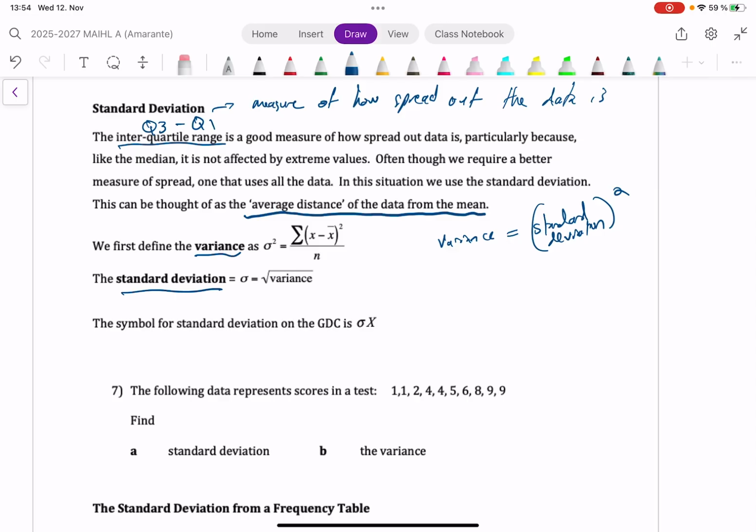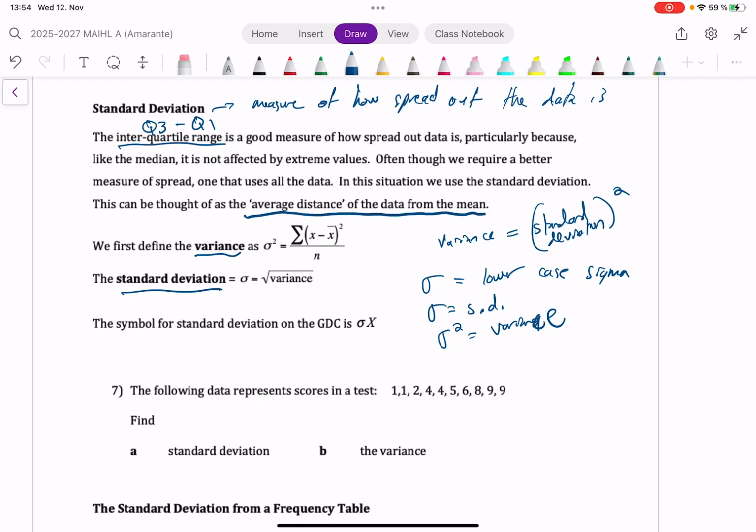They use this lowercase sigma, right? This symbol is a lowercase sigma. That's the letter that it's using. And so this symbol means standard deviation. This symbol means variance. So sigma alone is standard deviation.